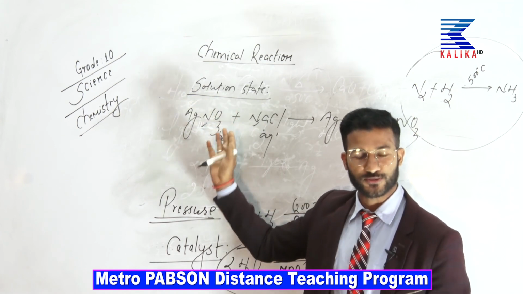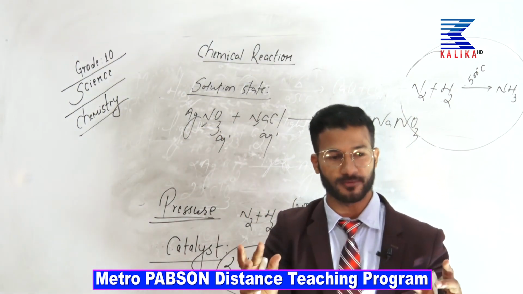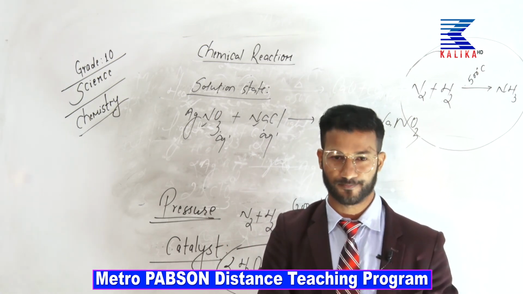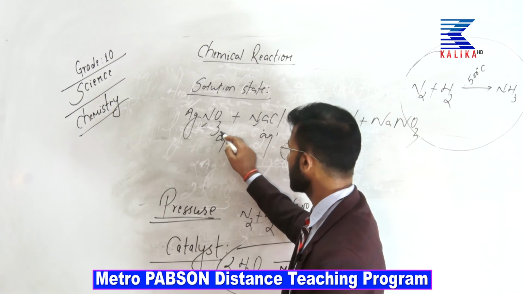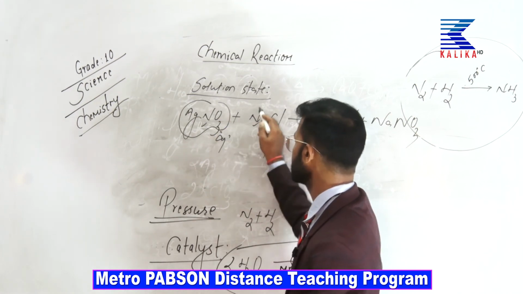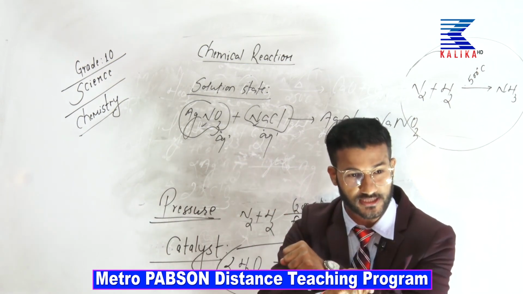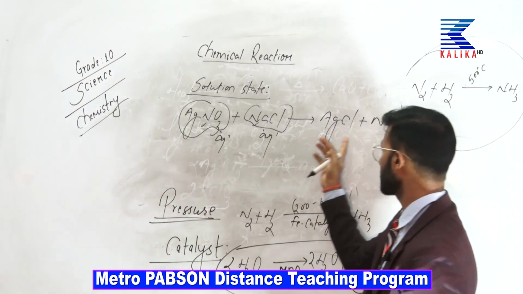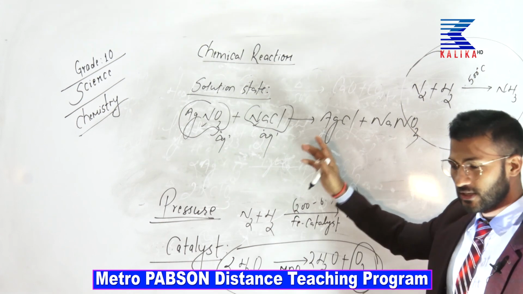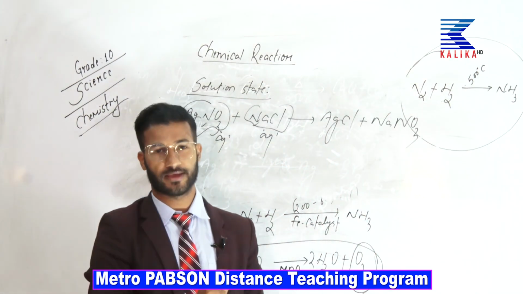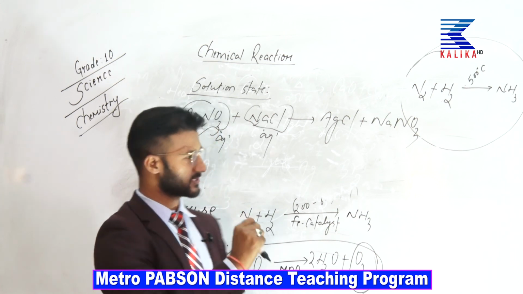They do not react when their solid forms are brought together. It's impossible. In their aqueous state, they undergo ionization, and the opposite ions are exchanged to make product molecules. So, the state of the reactant molecules also affects the chemical reaction.